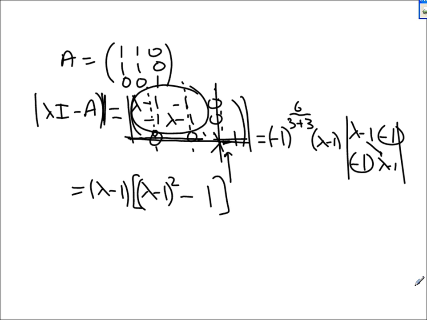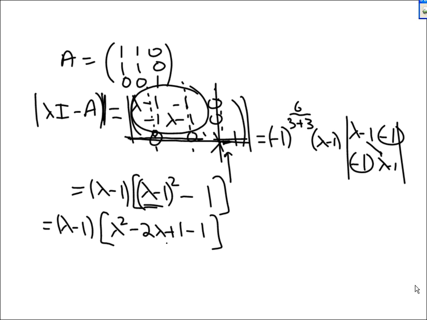So we get lambda minus 1 squared, which is lambda squared minus 2 lambda plus 1, and then take away 1.